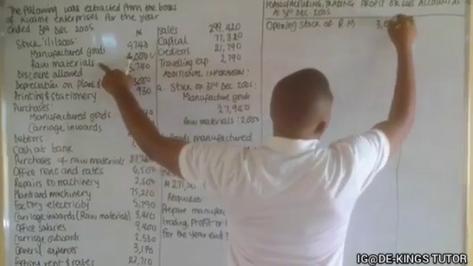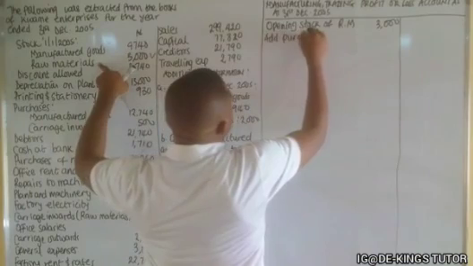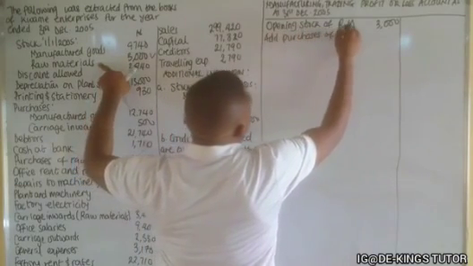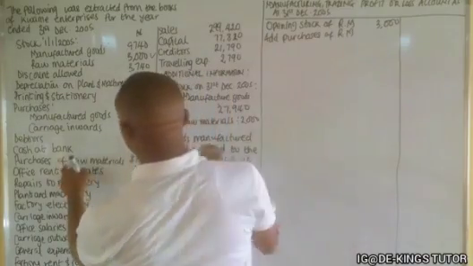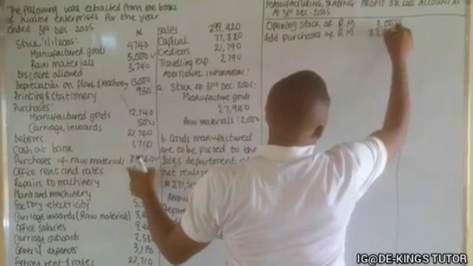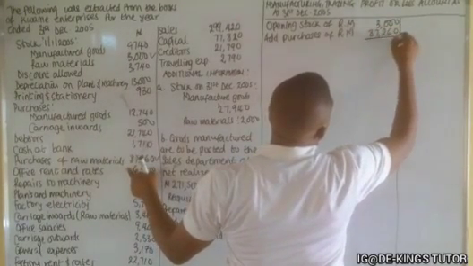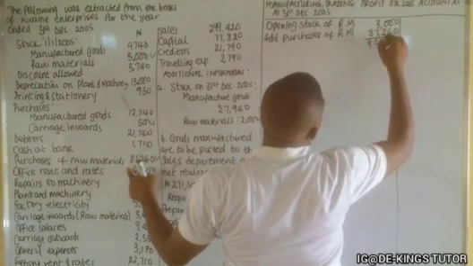Now we add purchases of raw materials, 87,260.